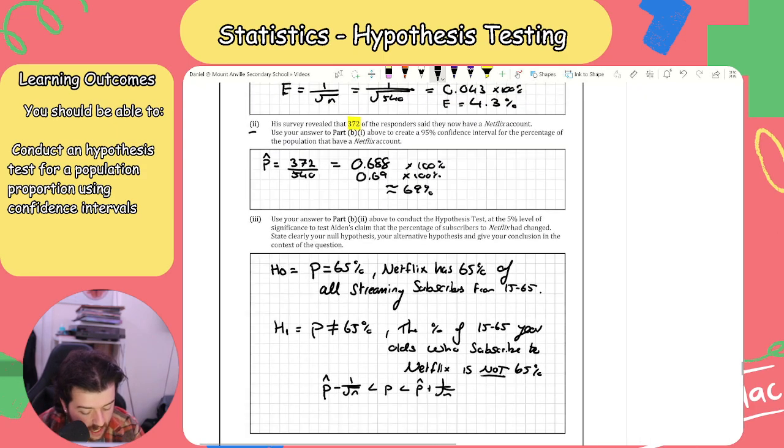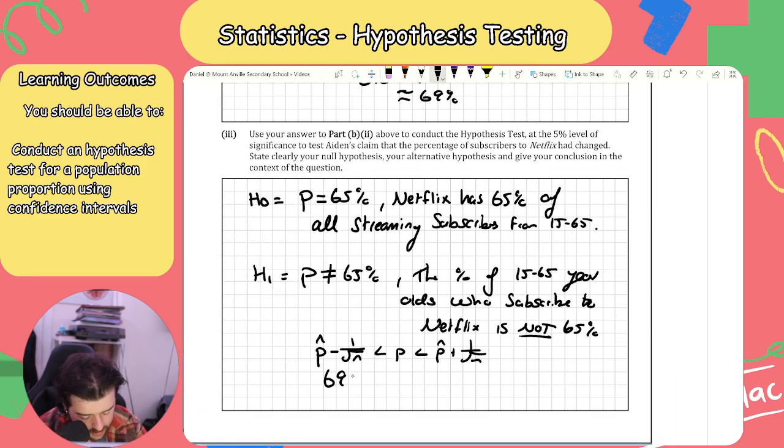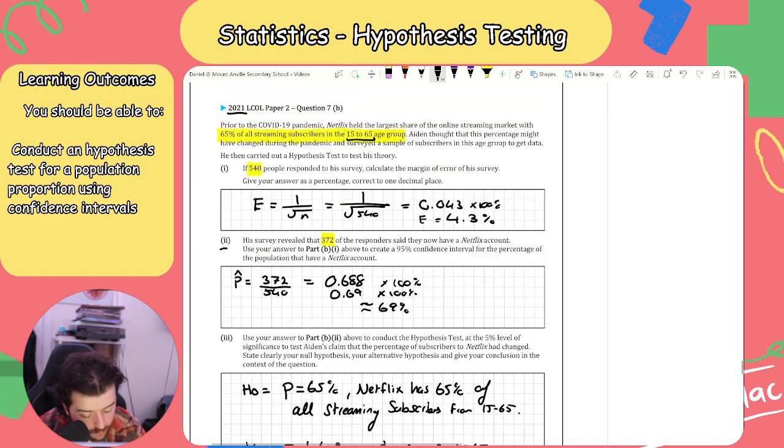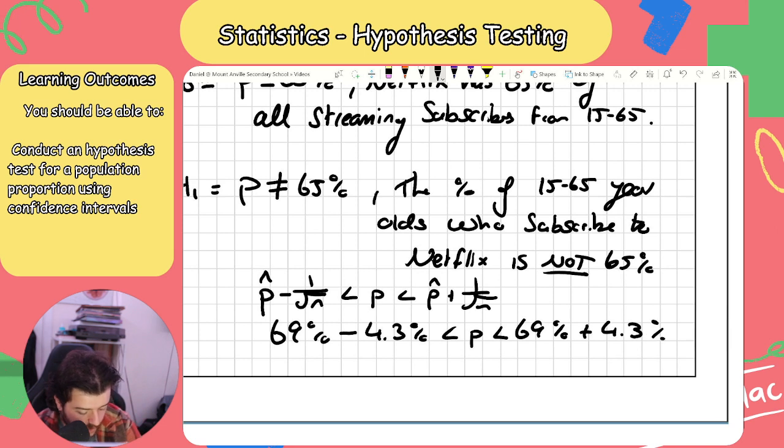So p hat is equal to 69%, and my margin of error from part 1 is 4.3%. 69% minus 4.3% and 69% plus 4.3% gives me 64.7% is less than p, which is less than 73.3%.